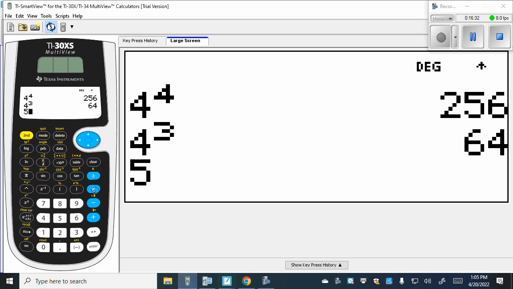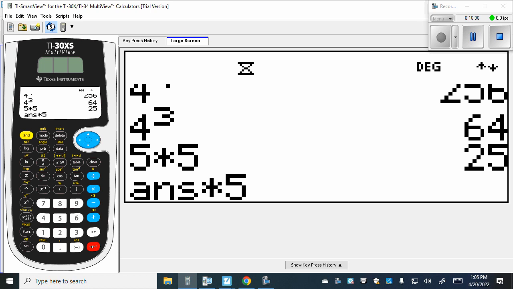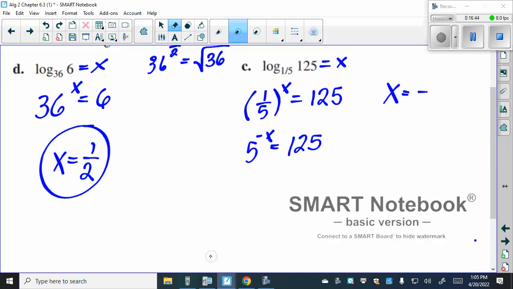Now we just need to see how many times do I need to multiply 5 by itself to get to 125. Well, 5 times 5 is 25, times 5 is 125. So 3. So here it would be negative 3. So log base 1/5 of 125 is negative 3.